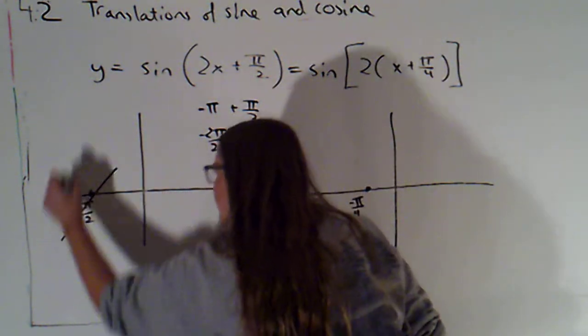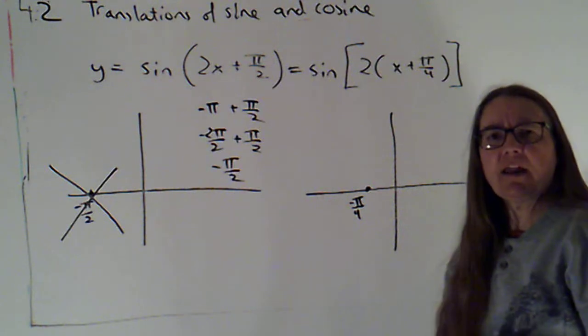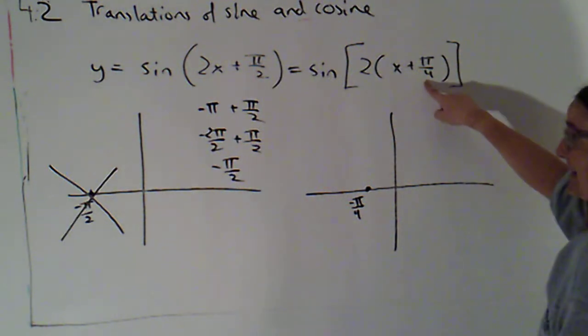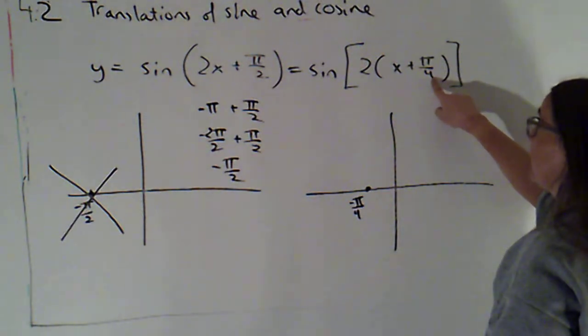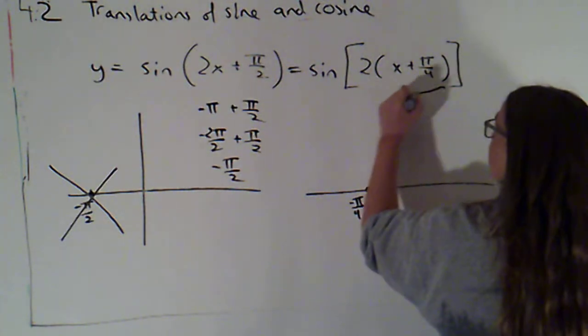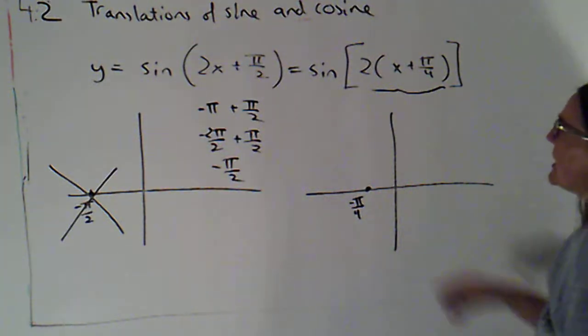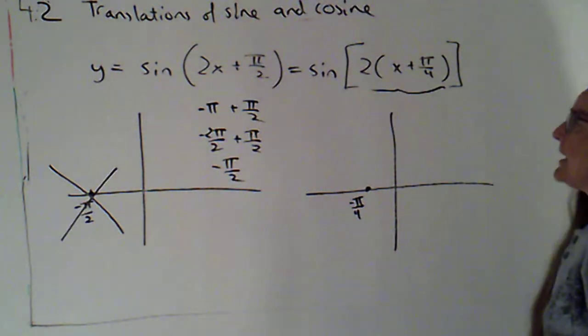So that point is not on the graph. We did not shift to the left by pi over 2. If I plugged into this version, I get exactly the same thing. Negative pi over 2 plus pi over 4 would be negative pi over 4. Times 2 is negative pi over 2. This is negative pi over 2, no matter how I get it, if I plug in negative pi over 2. And then sine of that is not 0, it's negative 1.